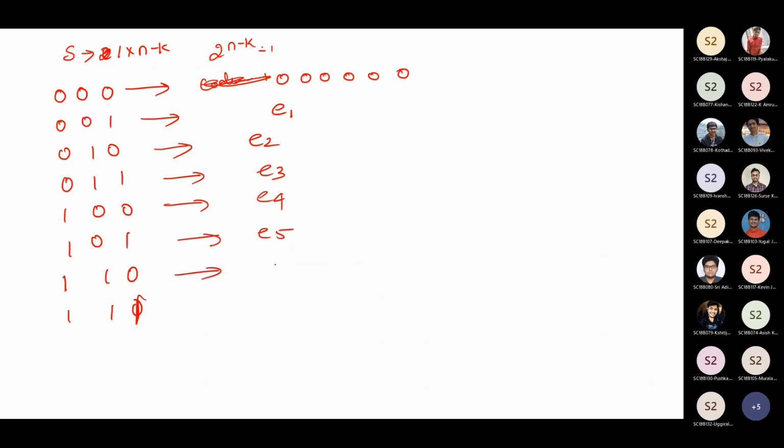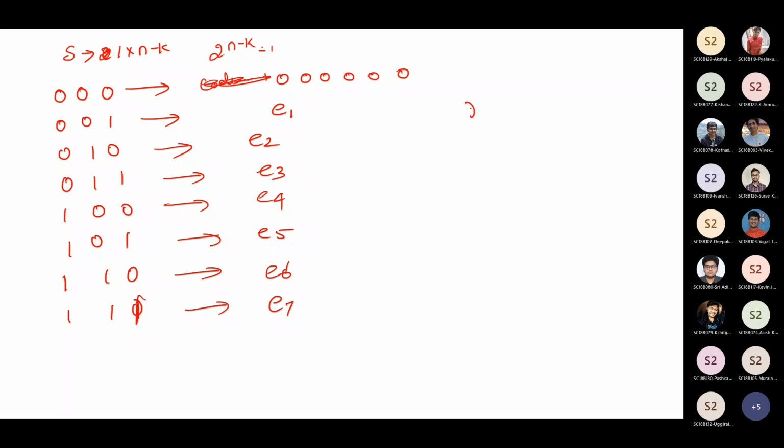Like this you store it: E0, E1, E2, E3, E4, E5, E6, E7. So these are the error vectors.